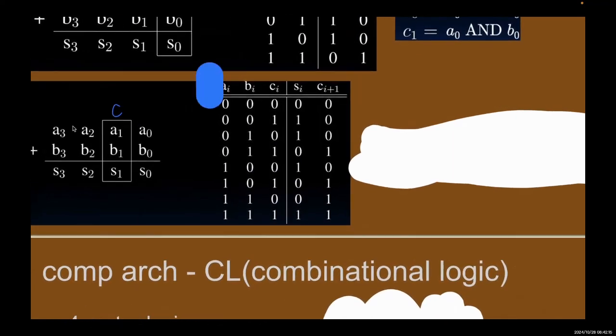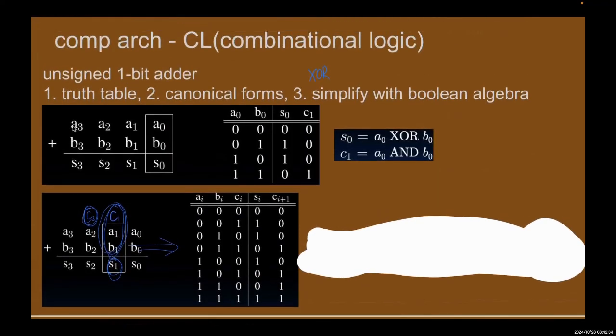You get a truth table where you want to add. These are the 3 inputs, and these are the outputs, Si and Ci plus 1. So 3 inputs and 2 outputs, and you get a truth table here. That's the first step, which is to design the truth table.